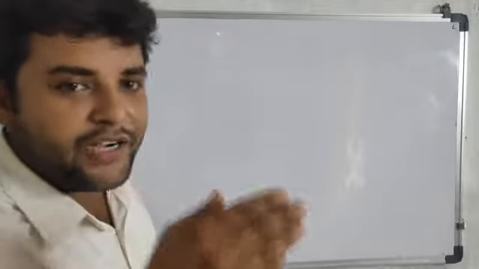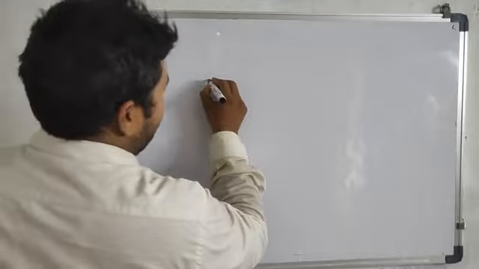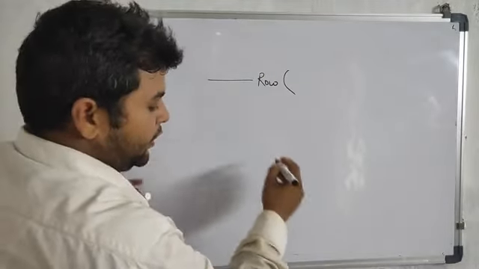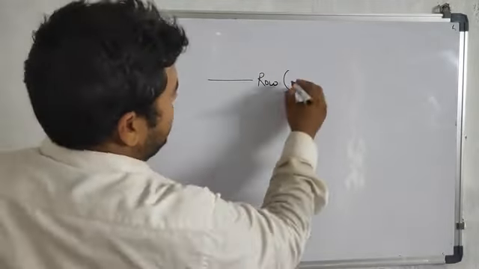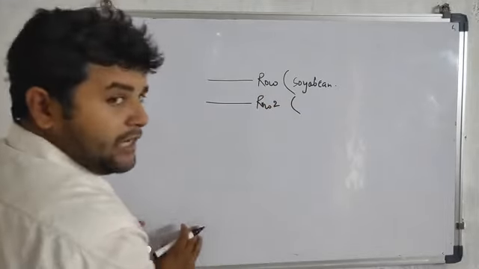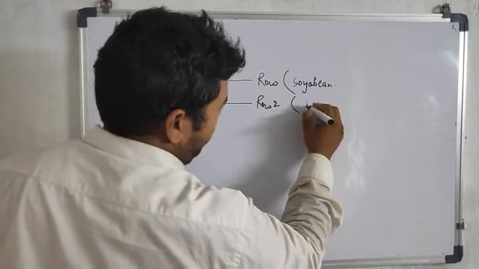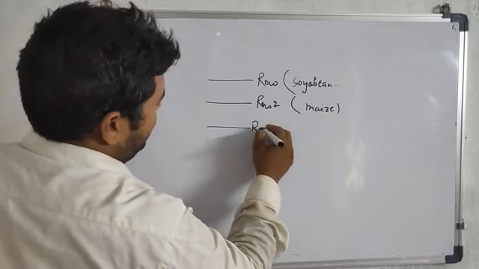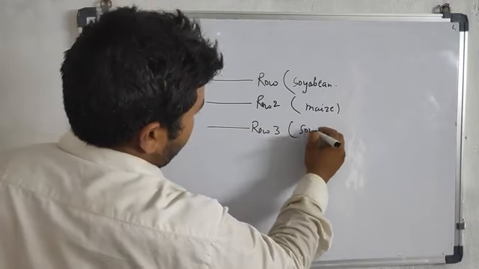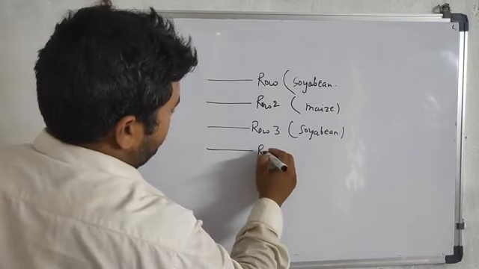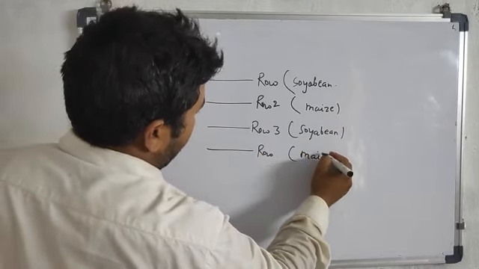But whenever you are cultivating crops in different rows, suppose in the first row we have grown only one crop, that is soybean. Then in the second row we have cultivated what? Maize. Then in the third row, soybean. Then in the fourth row, maize.